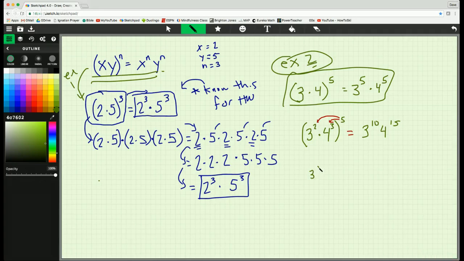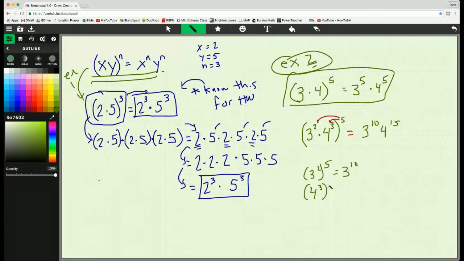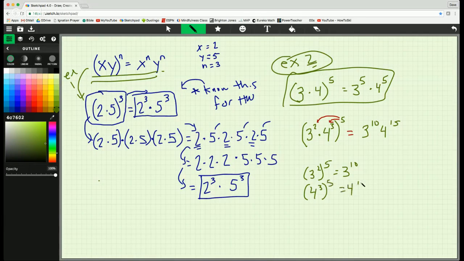Just like 3 squared to the 5th equals 3 to the 10th, which we learned earlier this lesson, and 4 to the 3rd to the 5th equals 4 to the 15th. When you put those two together inside parentheses, you can do the same thing with your exponents. You just multiply. Think of it as multiplying, you multiply down, with exponents.